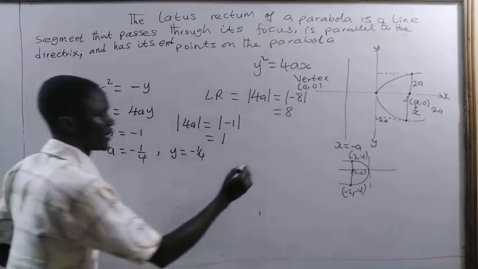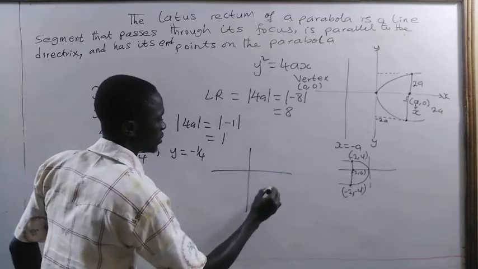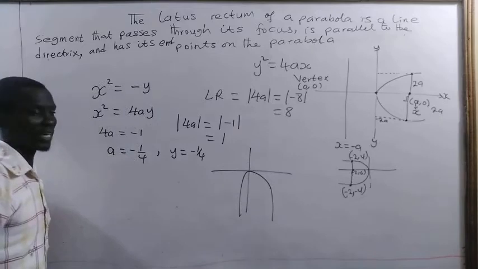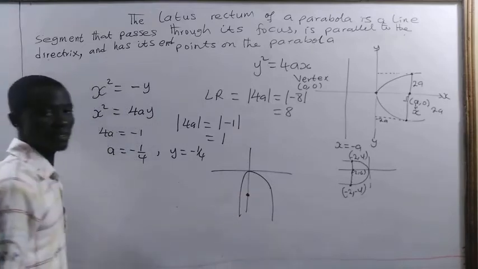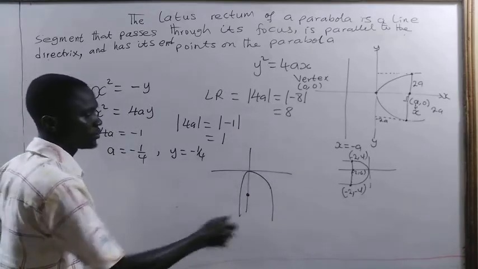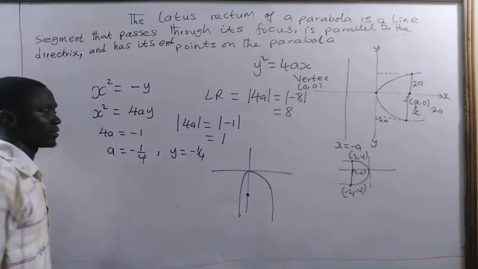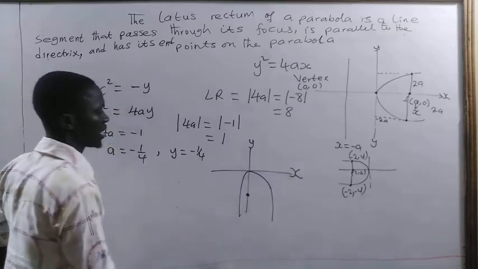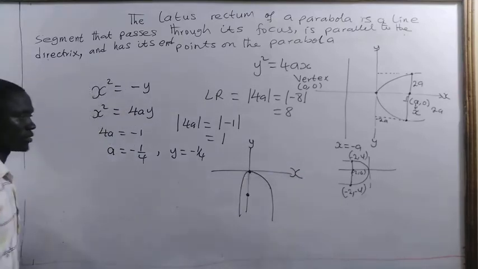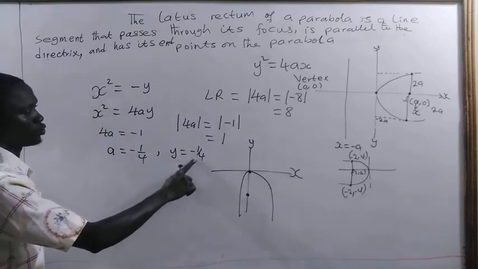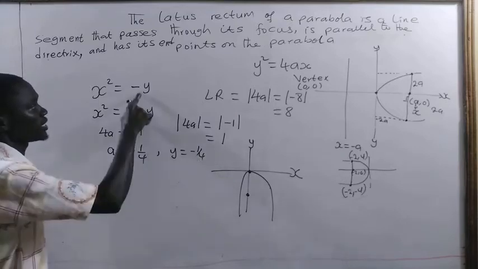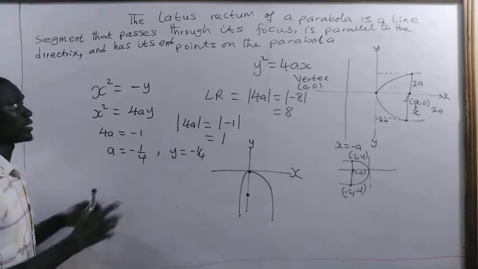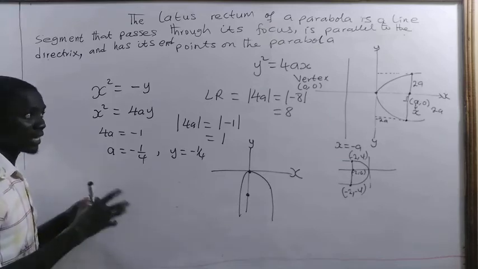I've done it in the previous videos, so you can check the description for that, and you get the focus to be on the negative y-axis, with the y-axis as the line of symmetry, and the vertex is at the origin. So once you have y equal to -1 over 4, you can use this to find the endpoints of the latus rectum.